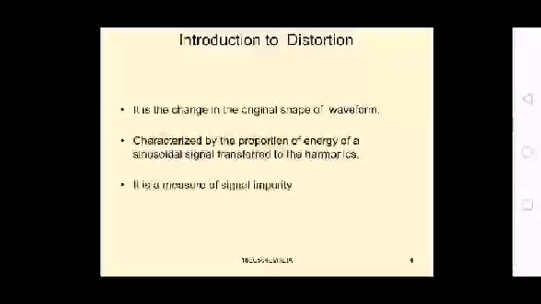Coming to distortion, what is distortion? As a simple example, if you switch on the TV and your signal is not coming properly, you will see some noise or some disturbance in the signal.